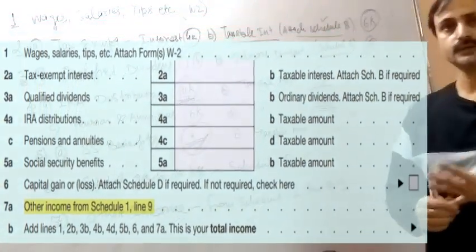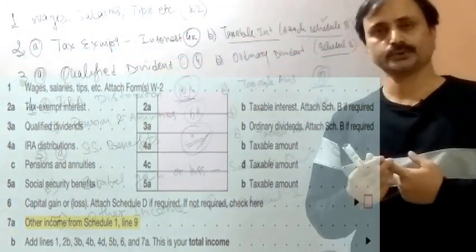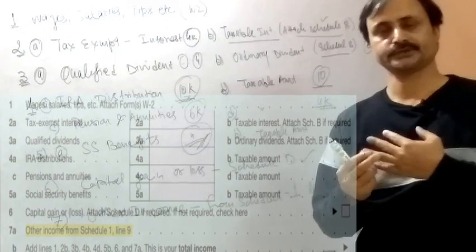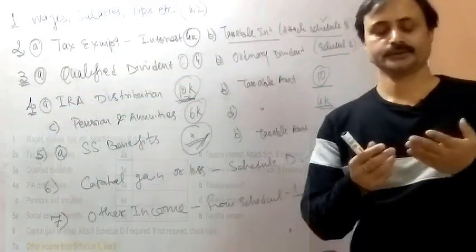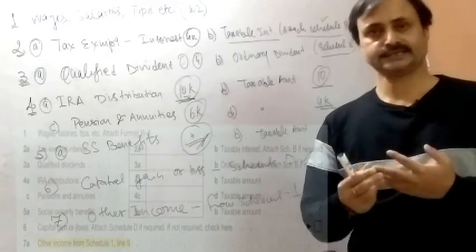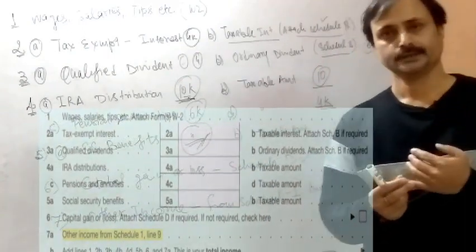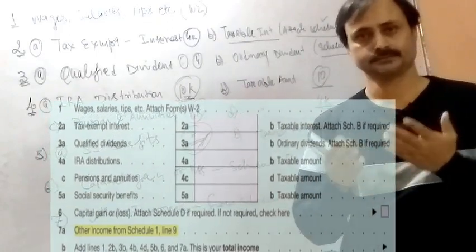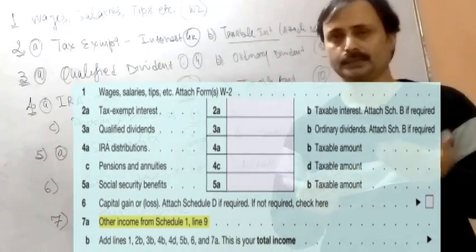Mostly it could be alimony, child support, self-employed income, Schedule C income, sole proprietorship, an S corp, that is a small corporation, or partnership income.